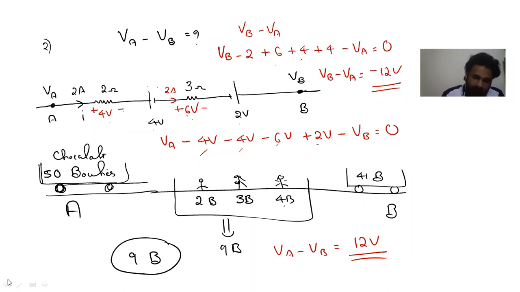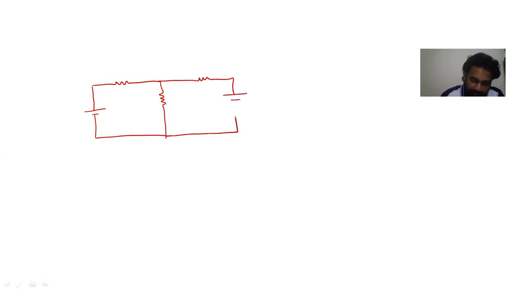Another thing you might be remembering, we have seen, suppose if we get circuits like this, maybe here a battery and here a resistance, and here if we get a battery, something like this.